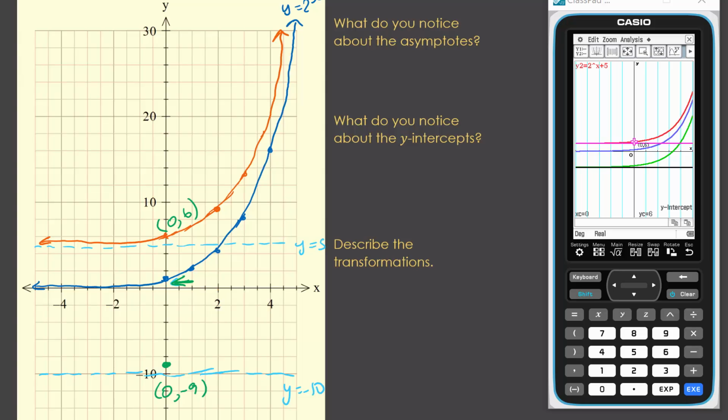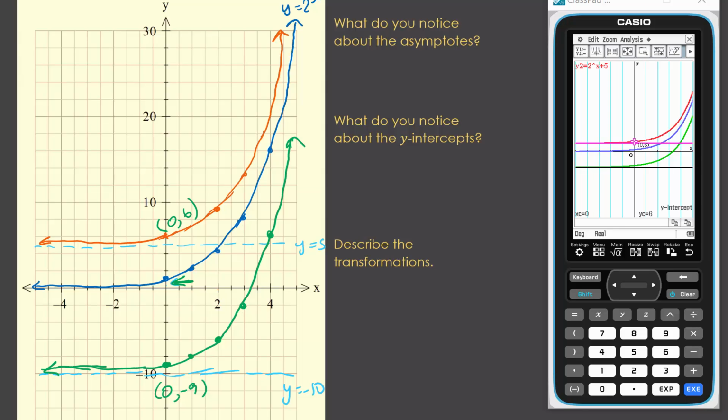And then it's going to go through negative 8, and then it's going to go through here, and when x is 3, it will be 8 take away 10, which is negative 2, and when x is 4, it will be 16 take away 10, so it will be at 6. And we can see that one, so it's going to asymptote there, and then it's going to go upwards like this.